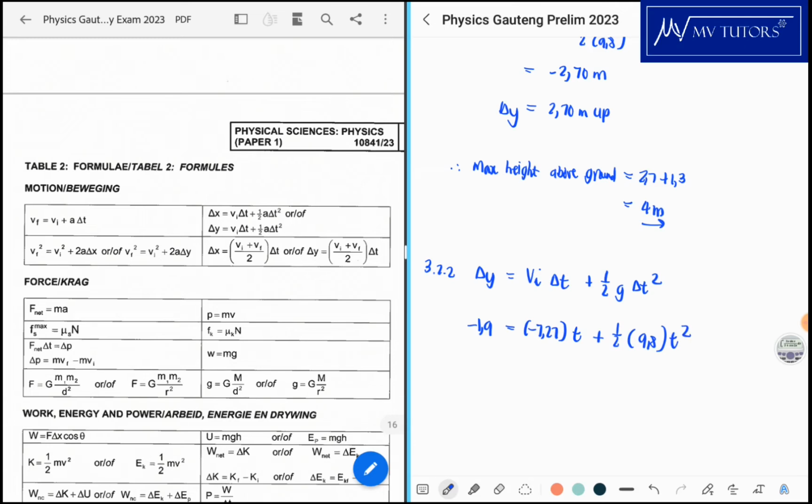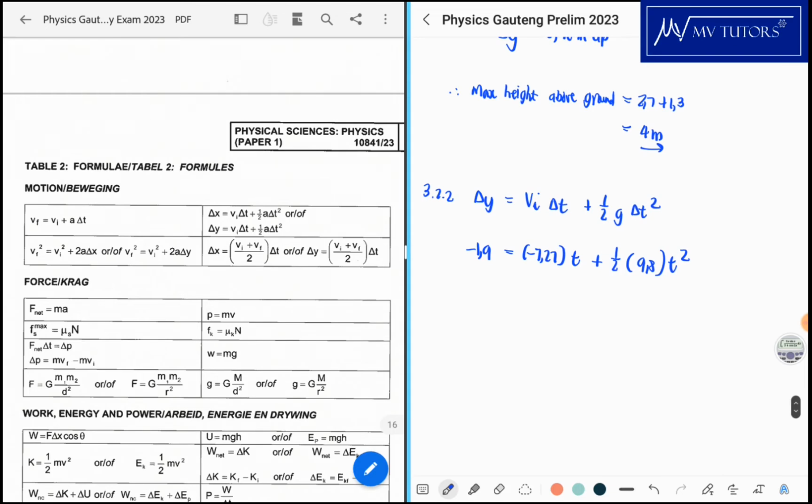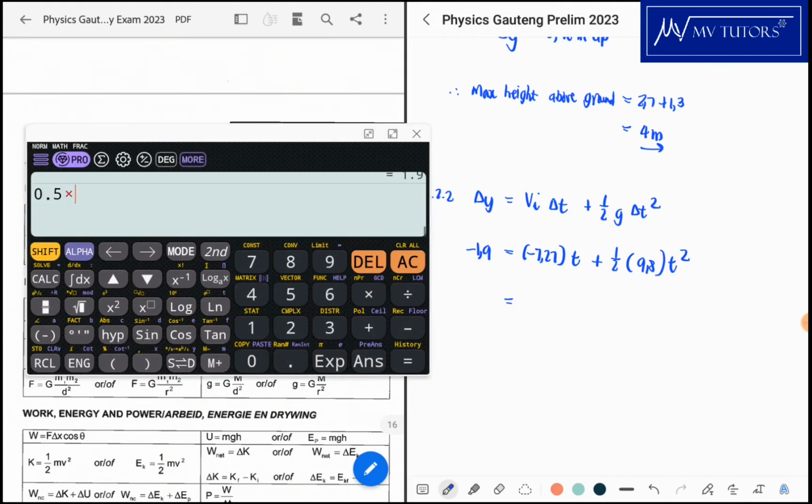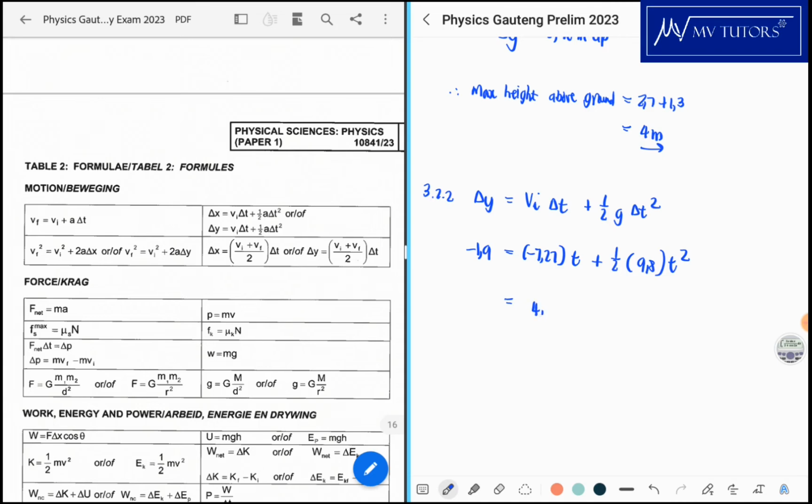So we're going to have a quadratic formula. 0,5 times 9,8 is 4,9. So 4,9 t squared minus 7,27 t, and then plus 1,9.